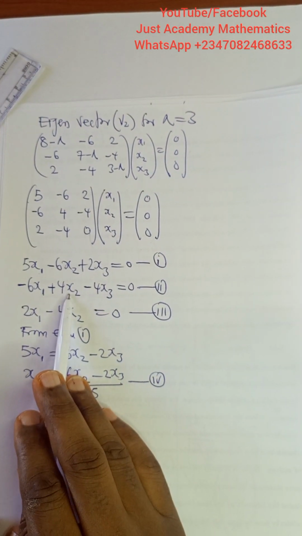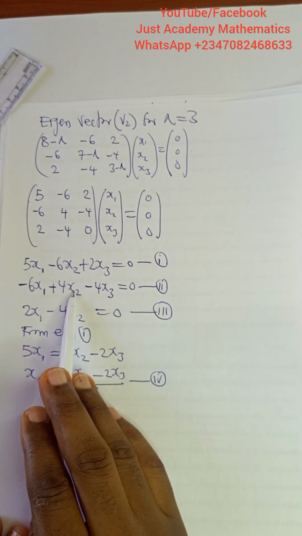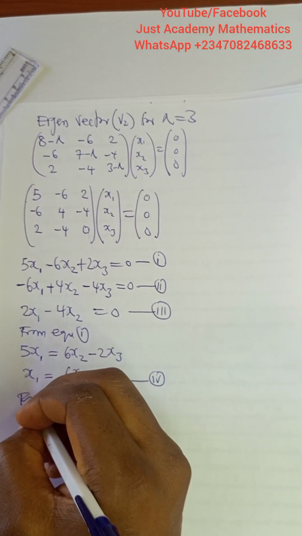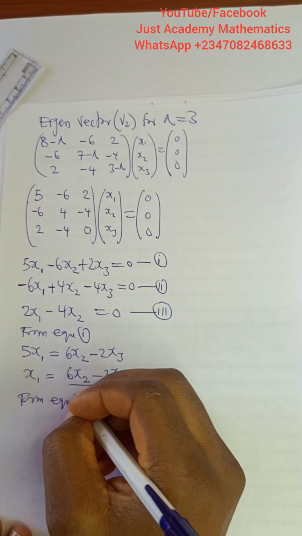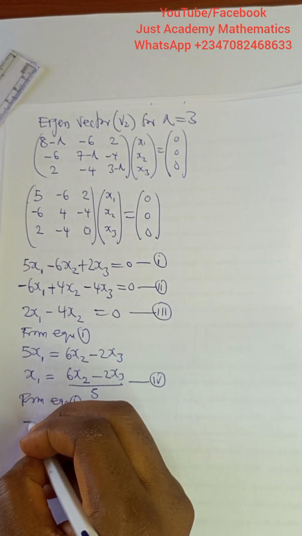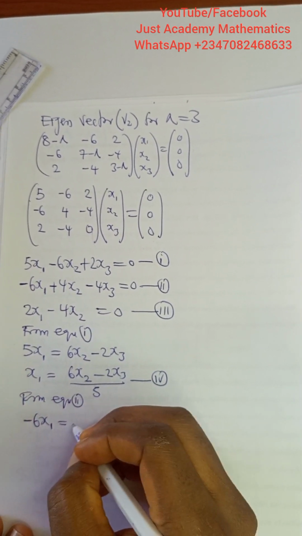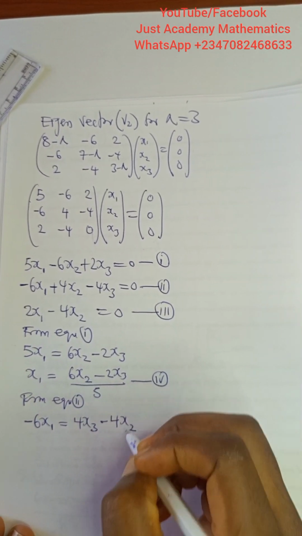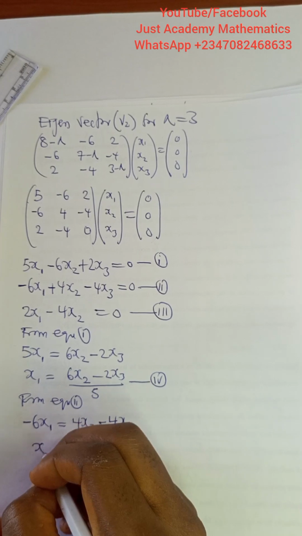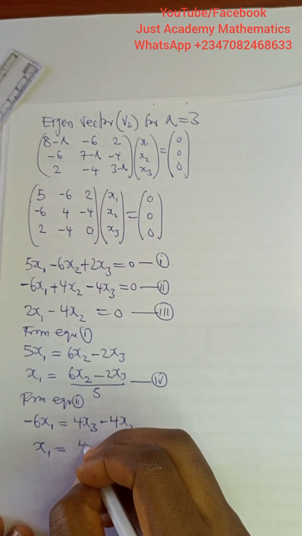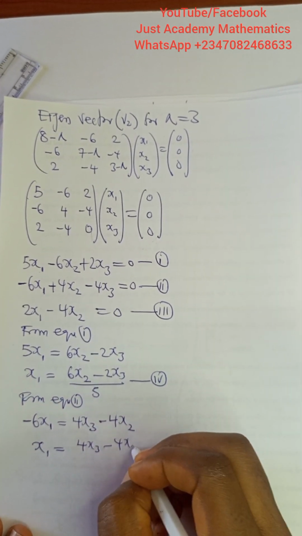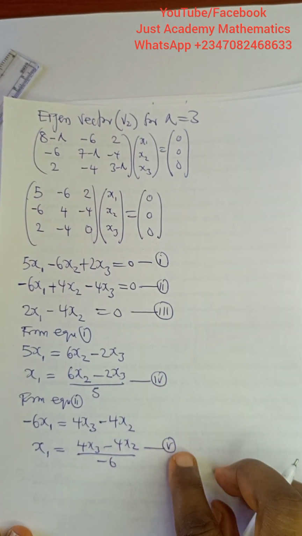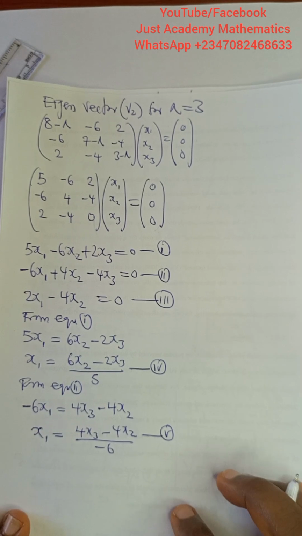We do the same thing in equation 2, making x1 the subject. From equation 2, we know that minus 6x1 is equal to 4x3 minus 4x2, so x1 is equal to 4x3 minus 4x2 over minus 6. This is equation 5.